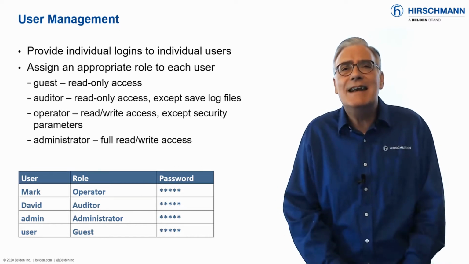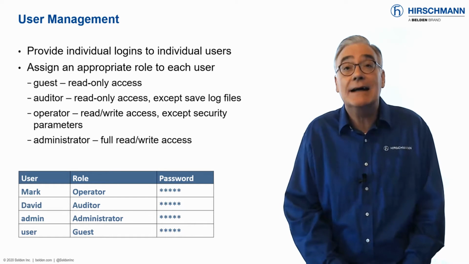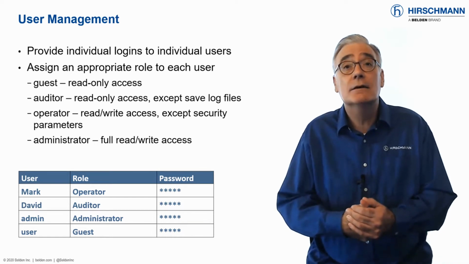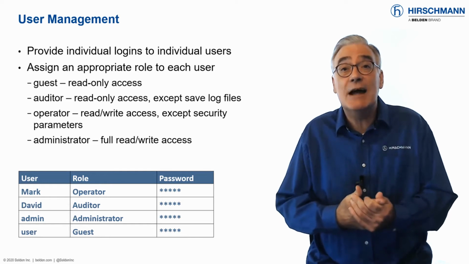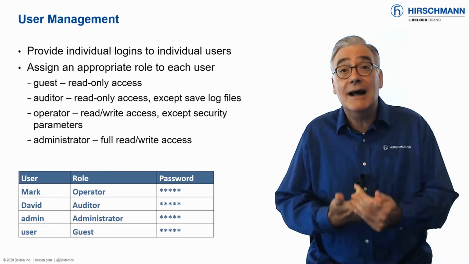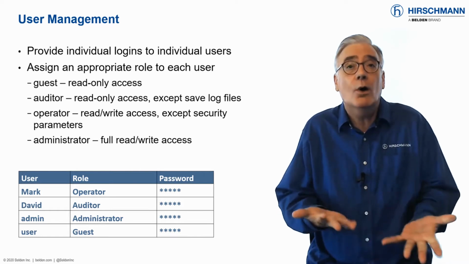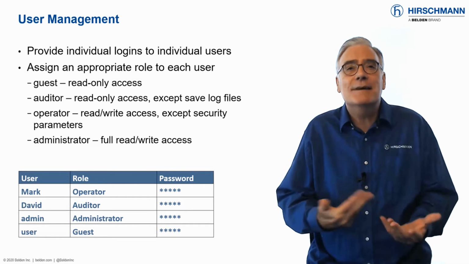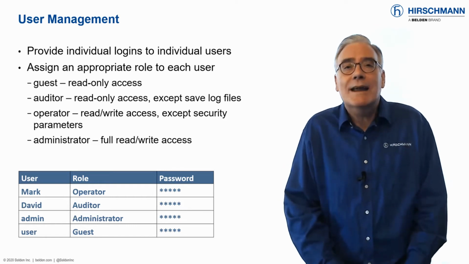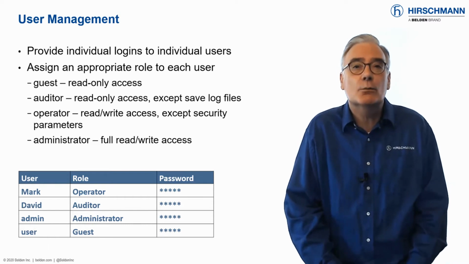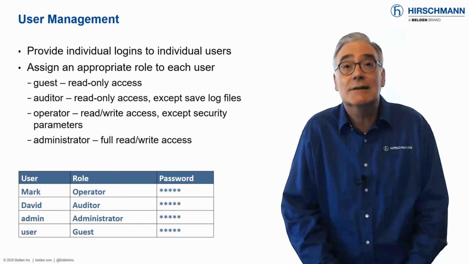HiOS offers a number of predefined access roles, such as full read-write, read-write except security parameters, read-only plus saving log files, or pure read-only. If none of these fits your precise requirements, we can customize a role to match the responsibilities within your organization's structure.